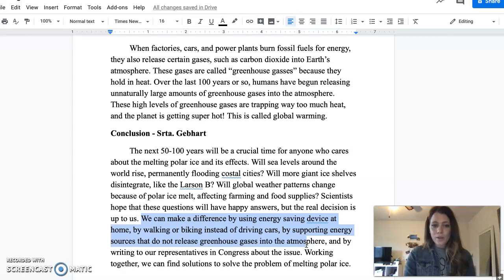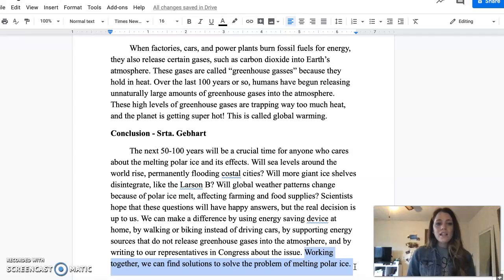I gave examples. And then I gave one last wrap-up sentence that says, working together, we can find solutions to solve the problem of melting polar ice. That is information that is helpful to my audience. That tells me I've tied up everything I was learning about with melting polar ice, and I left the readers with something to take home.